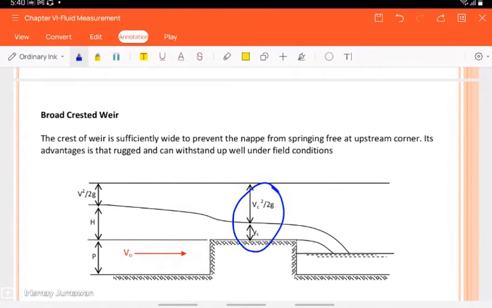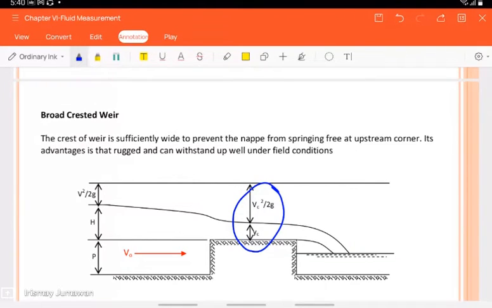Unlike the suppressed weir, or I mean the sharp crested weir, when you say suppressed weir, the length of the weir is equal to the width of your channel.